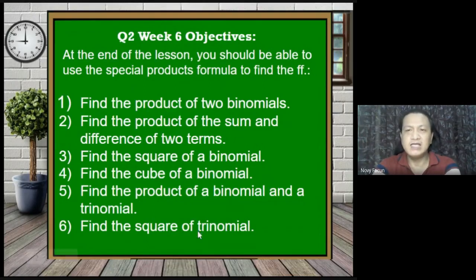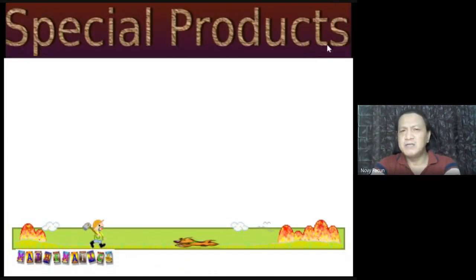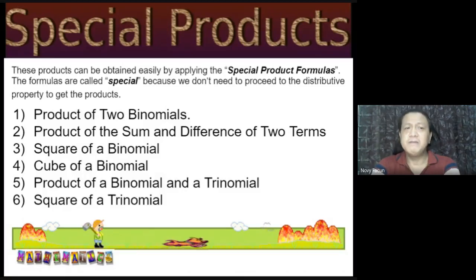So, ito yung kailangan natin ma-master or matutunan ngayong week. All about special products formula. So, are you ready? Okay. So pag sinabi natin special product, bakit kaya sila tinawag na special product? Because these products can be obtained easily by applying the special products formula.